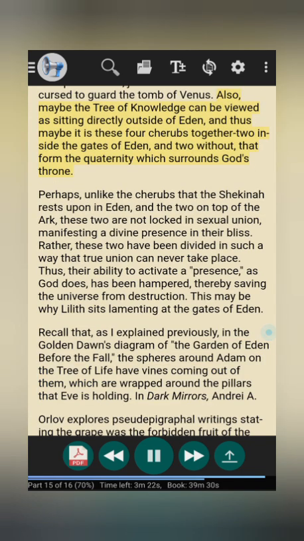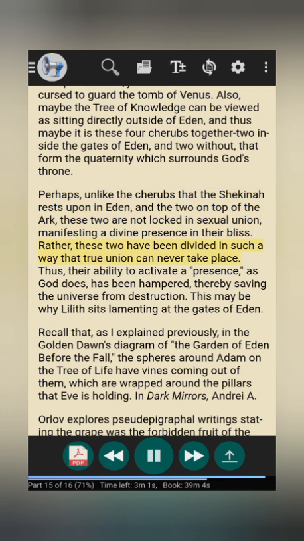Also, maybe the tree of knowledge can be viewed as sitting directly outside of Eden, and thus maybe it is these 4 cherubs together, 2 inside the gates of Eden and 2 without, that form the quaternity which surrounds God's throne. Perhaps, unlike the cherubs that the Shekinah rests upon in Eden and the 2 on top of the ark, these 2 are not locked in sexual union, manifesting a divine presence in their bliss.